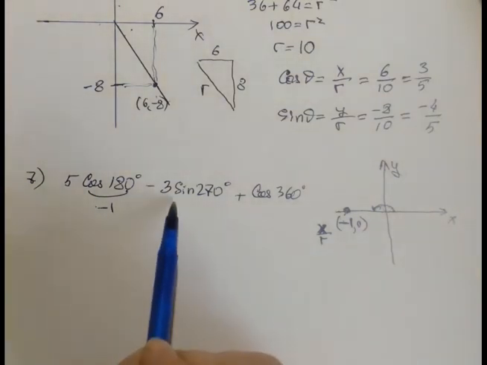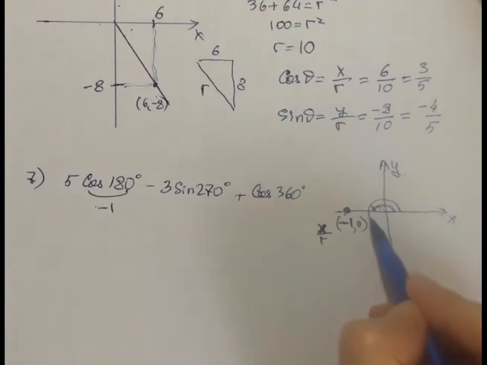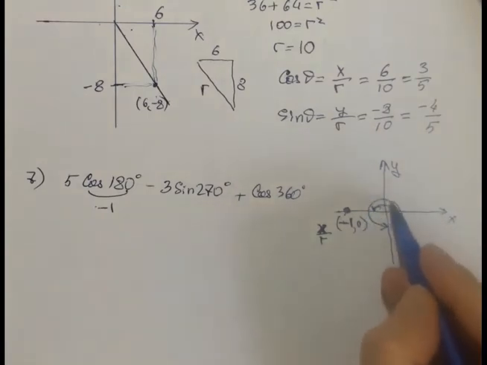The next angle is 270 degrees. So 270 degrees is this angle containing 3 quadrants. Let us take a point on the unit circle, so the distance from the origin is 1.